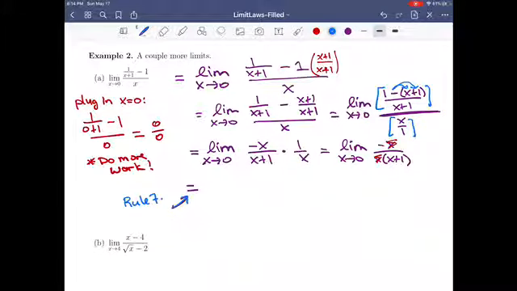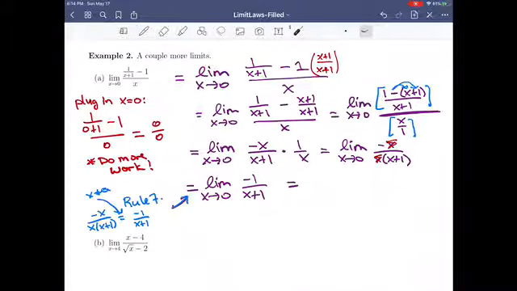Okay, so negative x over x times x plus 1 is equal to negative 1 over x plus 1 as long as x is not 0. Okay, so that's why this rule is useful, because it allows us to cancel like this. So this is going to be the limit as x goes to 0 of negative 1 over x plus 1.